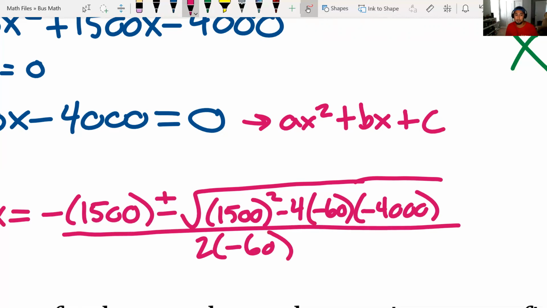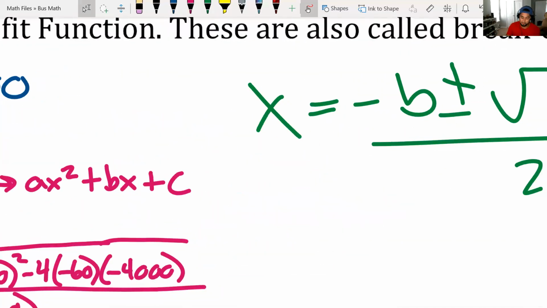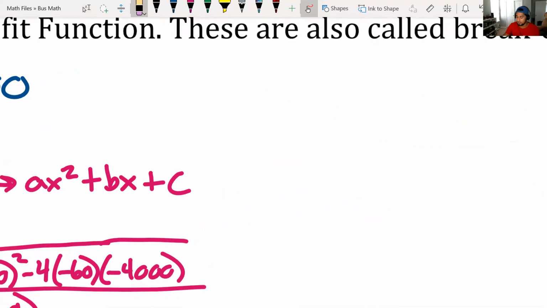It's ugly. Okay, and now I'll move up here. So goodbye, quadratic formula.